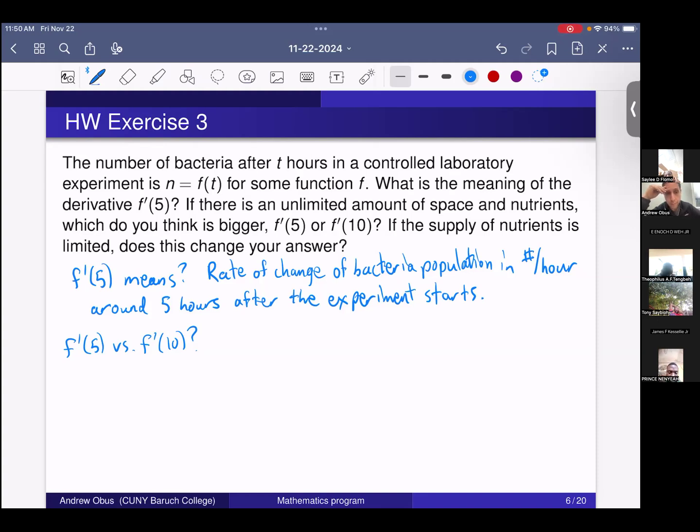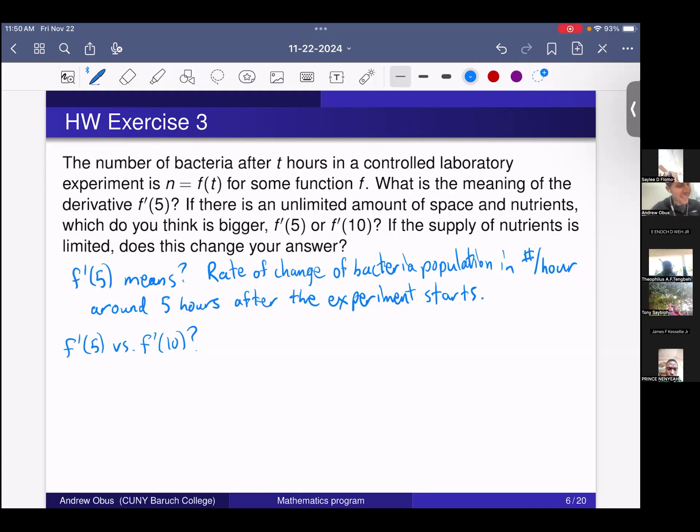So if this first one will fall between 5 and sometime later, this one will also fall at 10 and sometime later. So in this method, f prime of 10 will be higher than f prime of 5. Right.